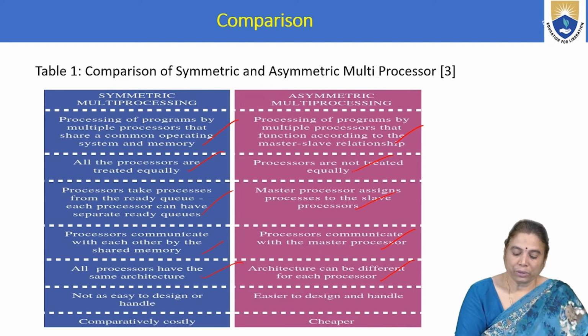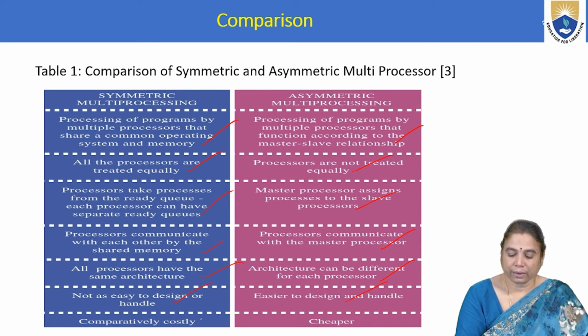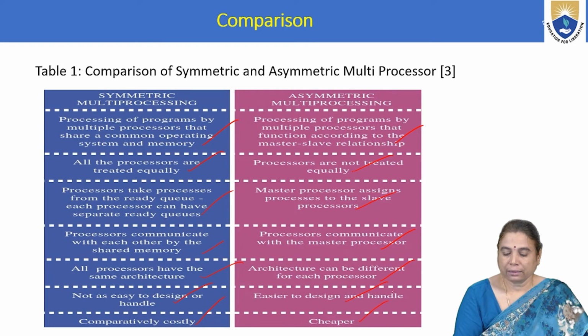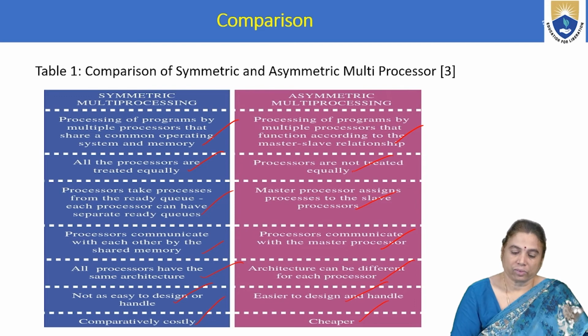It is not easy to design or handle symmetric multiprocessors, but it is easier to handle the architecture of asymmetric multiprocessors. Comparatively, symmetric multiprocessors are costly, and asymmetric ones are cheaper.